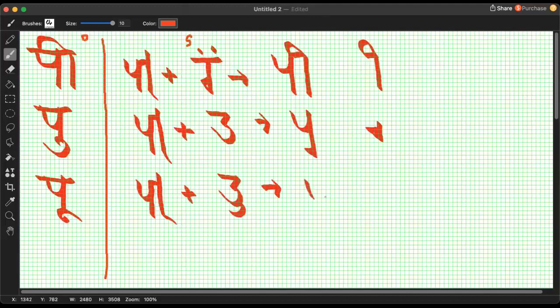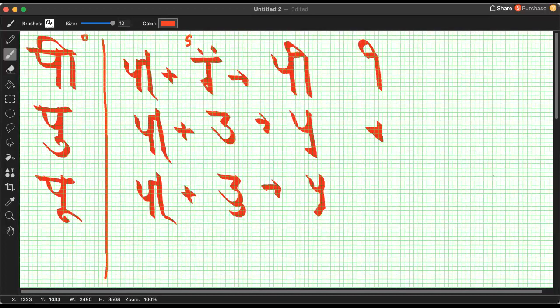Here, first we'll write per, and at the bottom of this per, you will extend this line slanting towards the bottom.